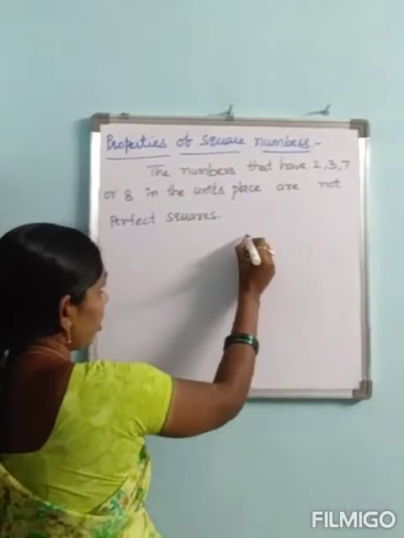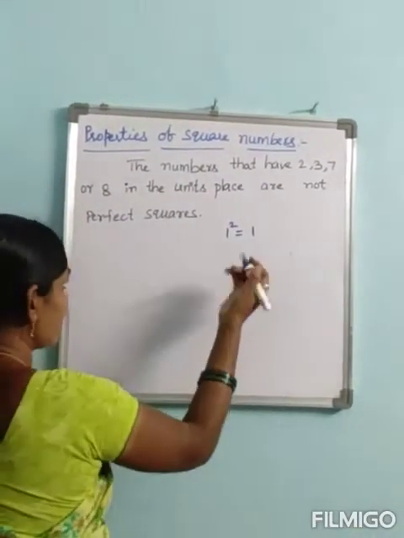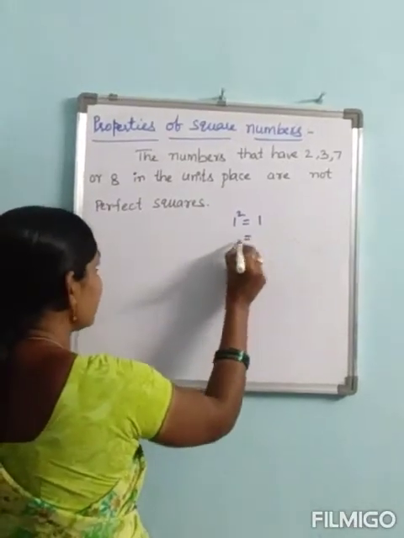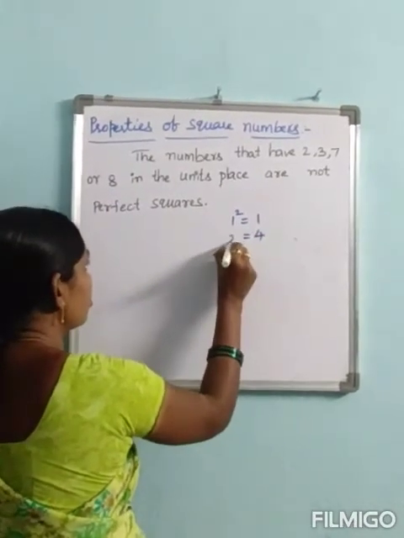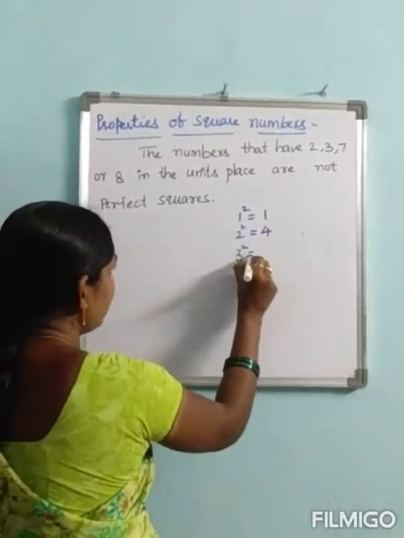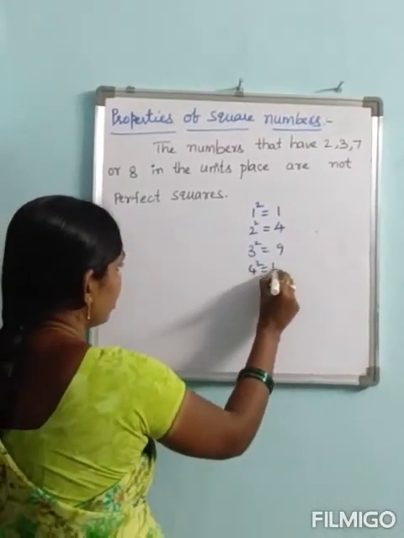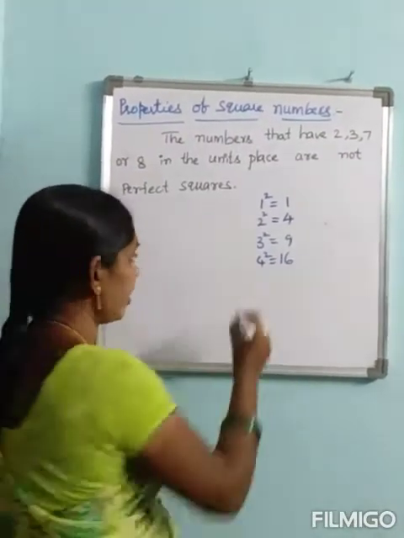See here, 1 square equals 1. The next perfect square is 4, because 2 square is 4. 3 square means 9. 4 square means 16, 4 4s are 16.